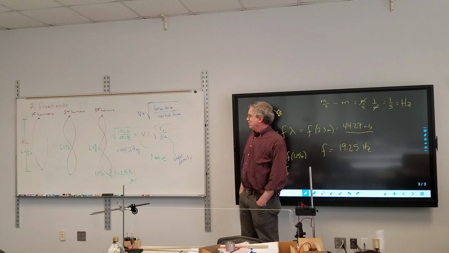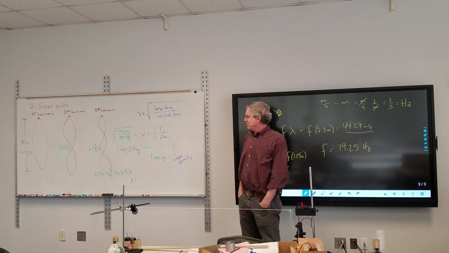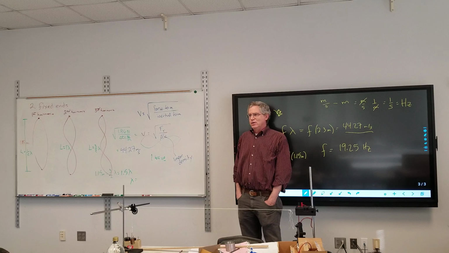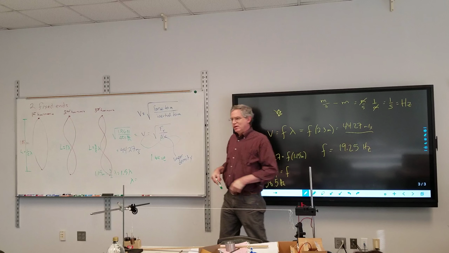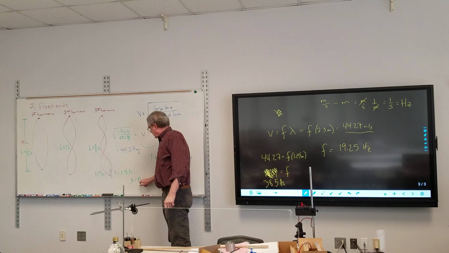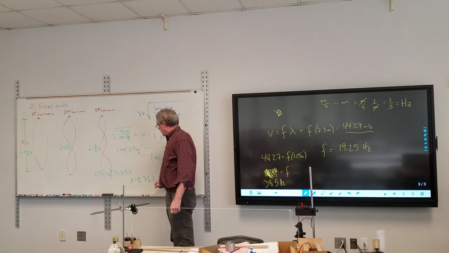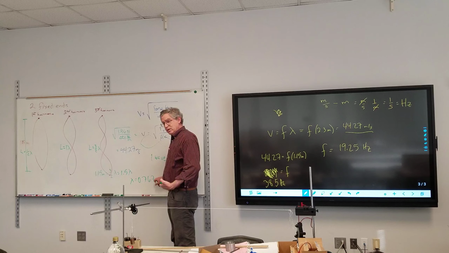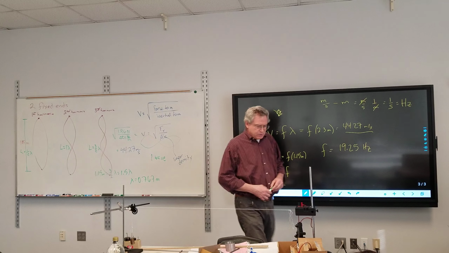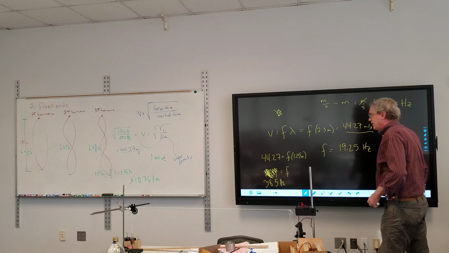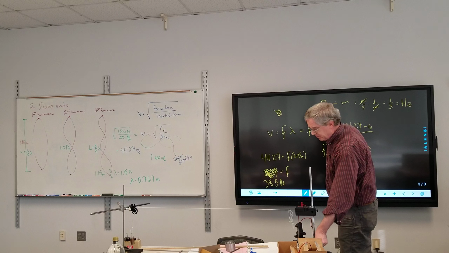All right. So now I've got 1.5 waves crammed into 1.15 meters. So what is the wavelength? 0.767. Is that what you said? Yeah, I rounded. Okay, meters. So the frequency to produce that, assuming that we still keep that the same.